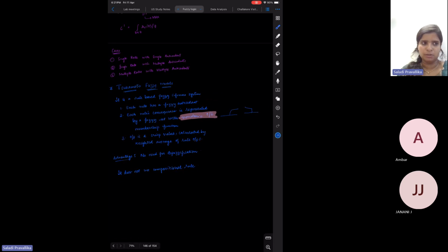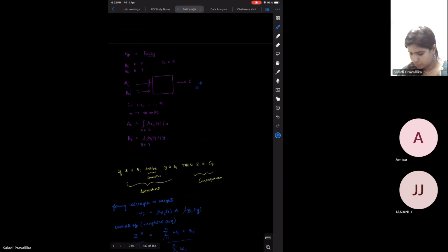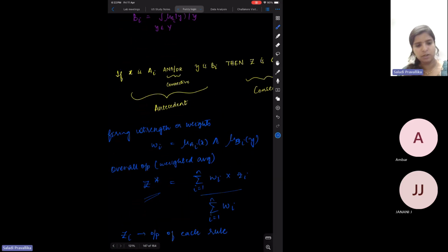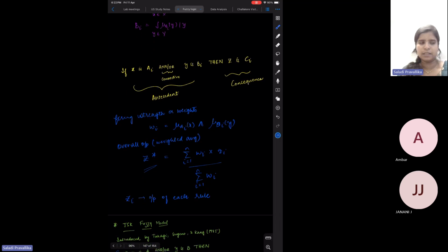So for the firing strength or the weights, you just directly take the intersection. And for the overall output, you take the weighted average. Weighted average is nothing but you divide the summation of the product of weights with Zi by the summation of all the weights, right? So Zi here is nothing but the output of each rule.